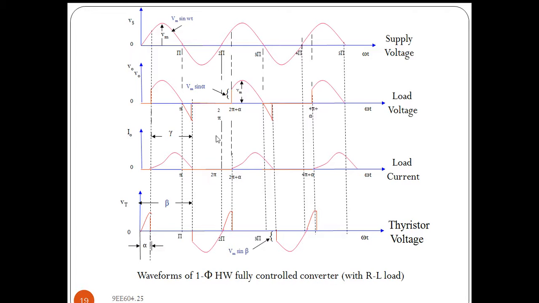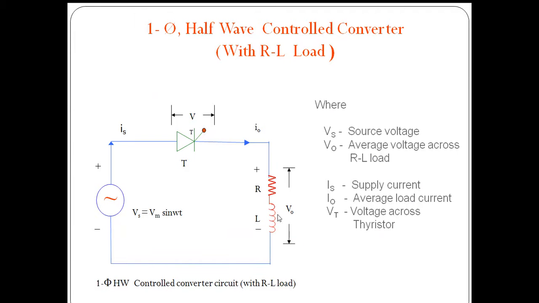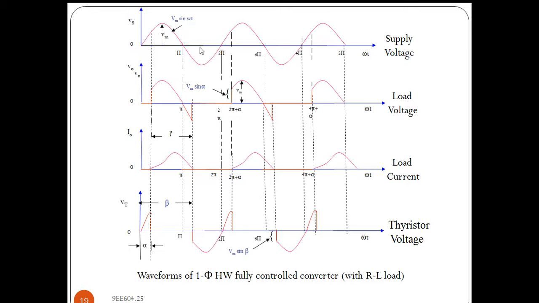of the single phase half wave controlled converter with RL load. As the inductor is an energy storing element, whenever the supply becomes negative from the instant pi, due to the stored energy of the inductor, it won't allow sudden change in current.